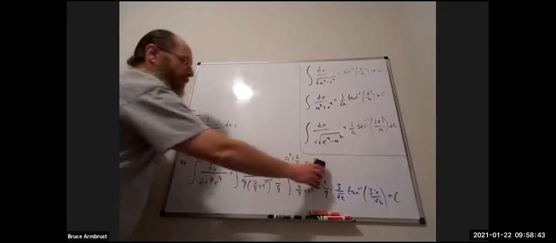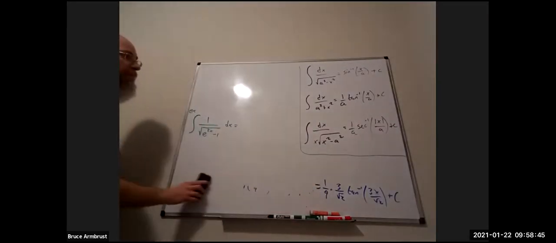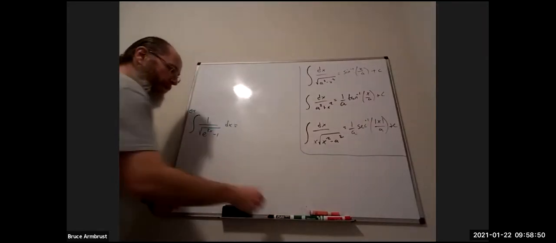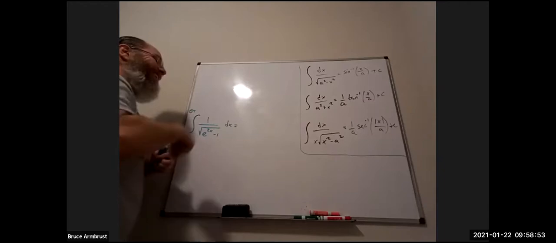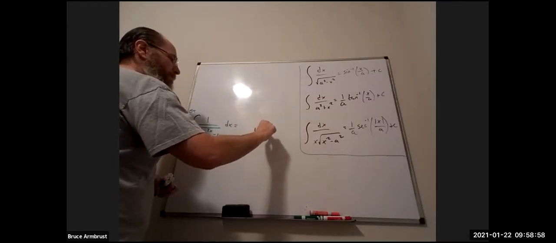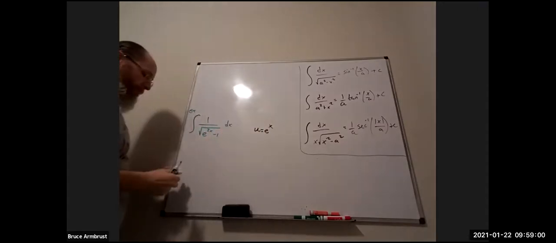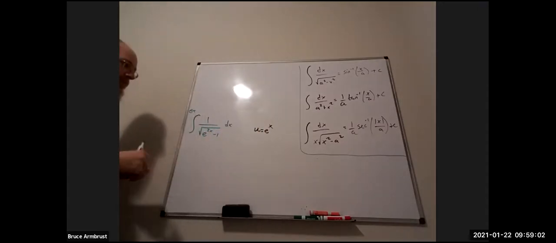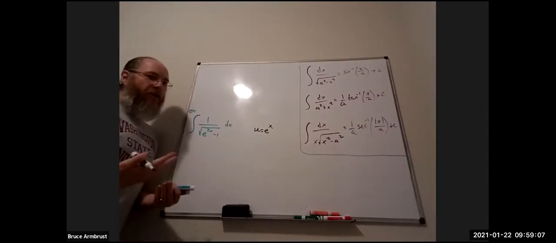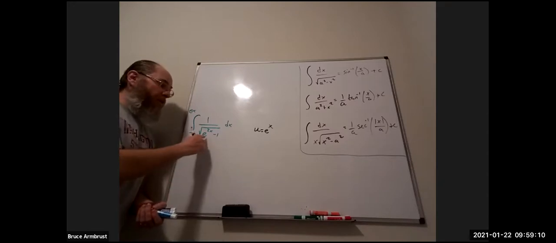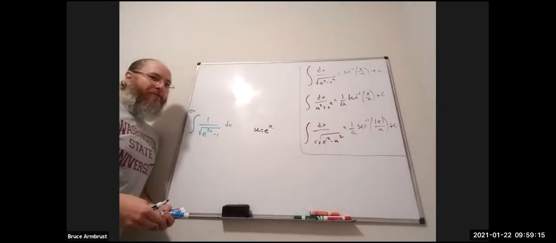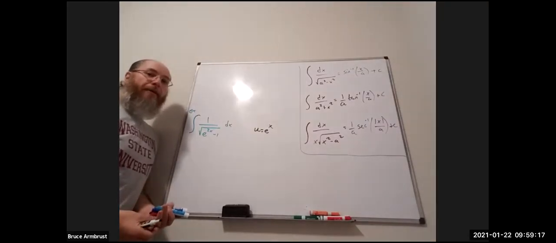But it turns out the substitution we're going to use, and this might feel a little surprising, is u equals e to the x. And I know that you probably would try u equals e to the 2x minus 1, but you'd see that kind of doesn't take you down a good path.